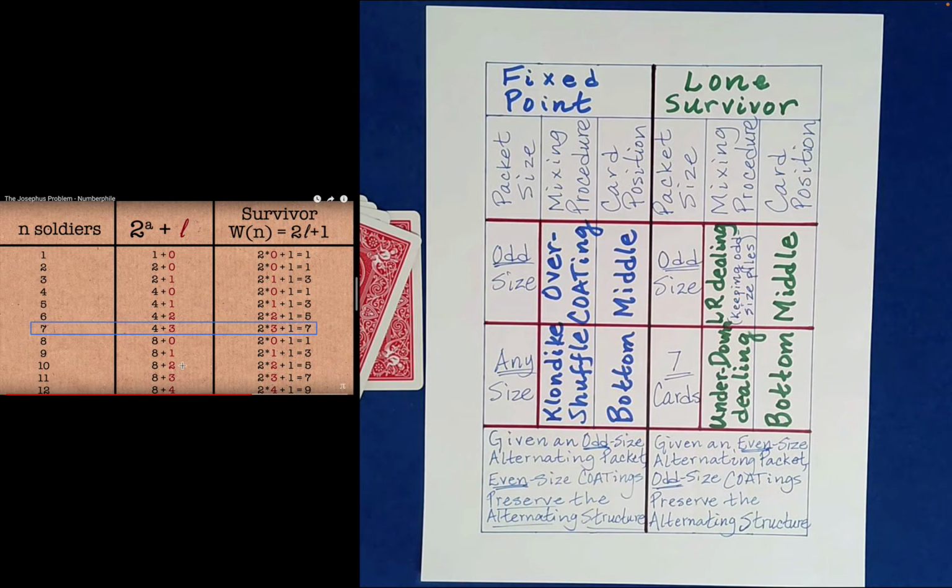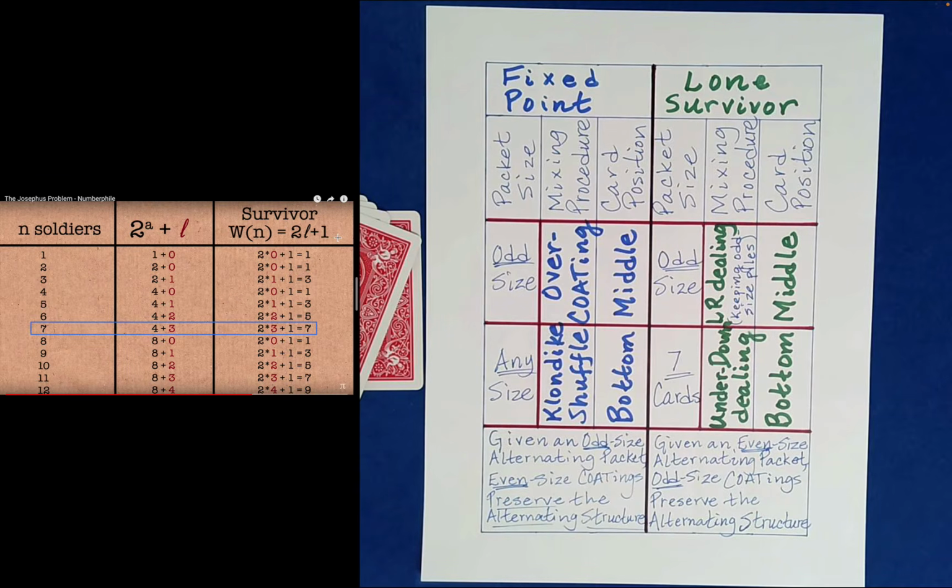And then to finish, to find W, he calls it W because he calls it the winning position, or you can just say the surviving position, right? It's the last card at the end of this underdown deal. You take this L, this little remainder, once you've found the highest power of 2 that's less than or equal to the number itself, whatever the remainder is goes into this little formula here.